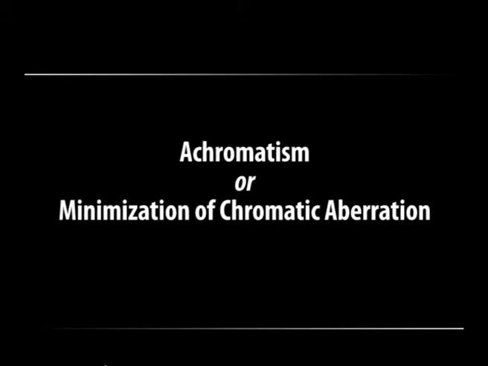This is known as achromatism, or minimization of chromatic aberration. Alternately, chromatic aberration can be controlled by monochromatic light, which means light of a single color. However, in terms of photography, this is rarely used.